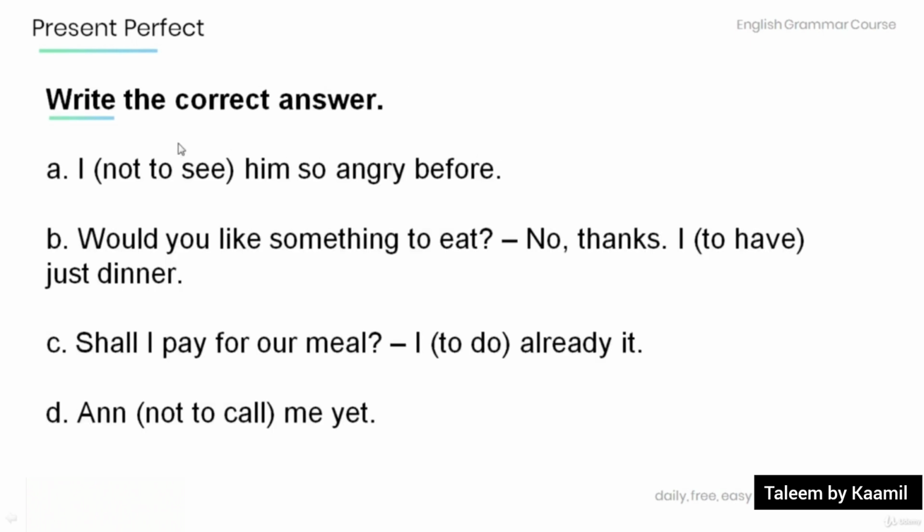And now, read the following sentences and write the correct answer. A, I've never seen him so angry before. B, would you like something to eat? No, thanks.